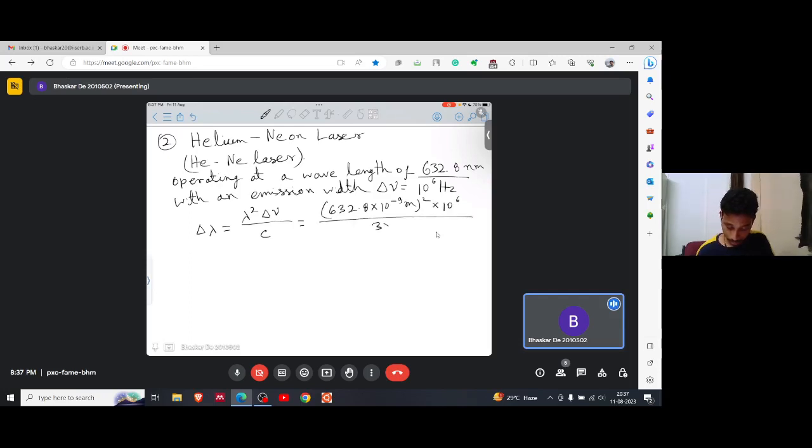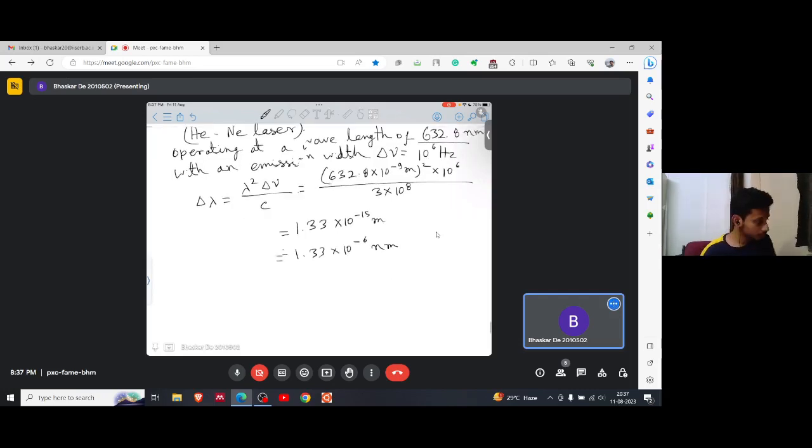Then c is 3 into 10 to the power 8. Then we get 1.33 into 10 to the power minus 15 meter, or 1.33 into 10 to the power minus 6 nanometer.